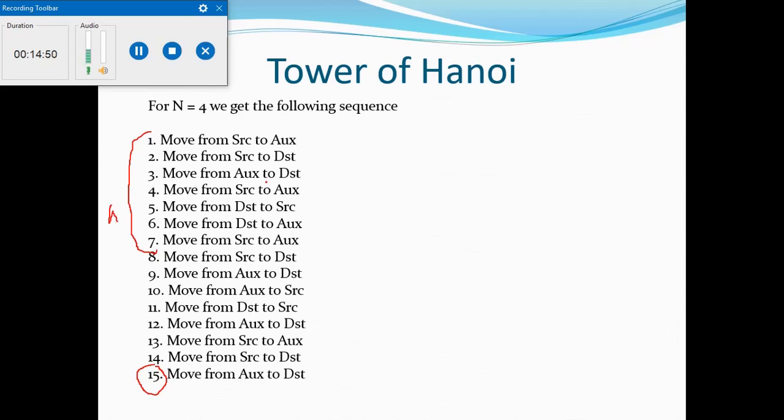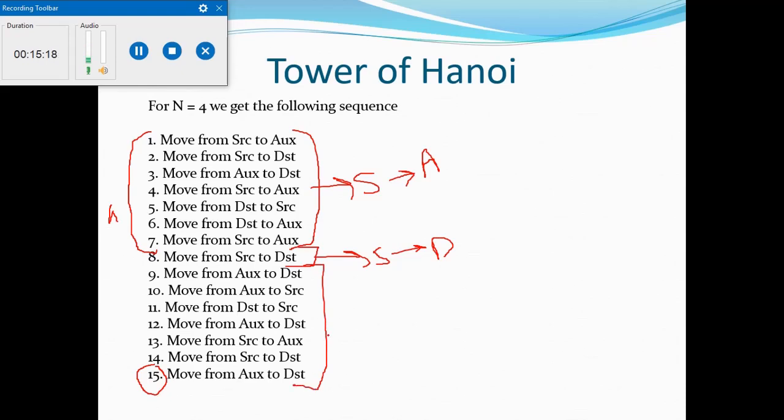I will write it here. The first 7 steps would be source to auxiliary, and this one again, the nth disk, source to destination, and then whatever the n minus 1 disks residing at auxiliary will be copied to the destination, auxiliary to destination.